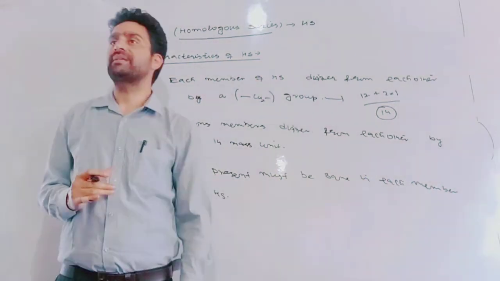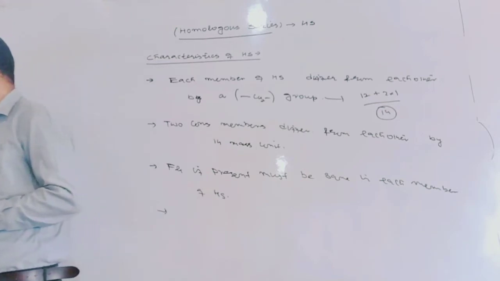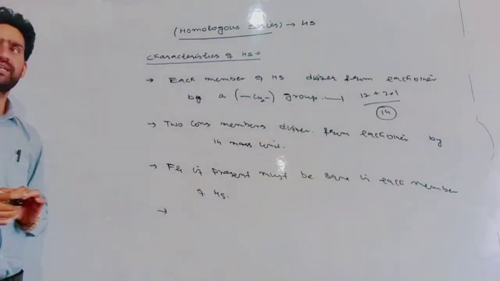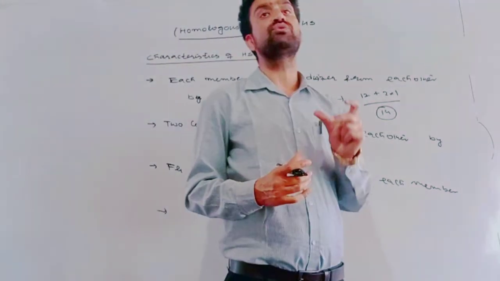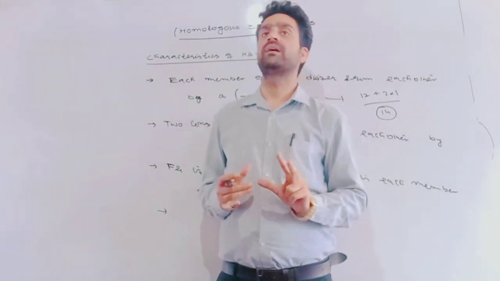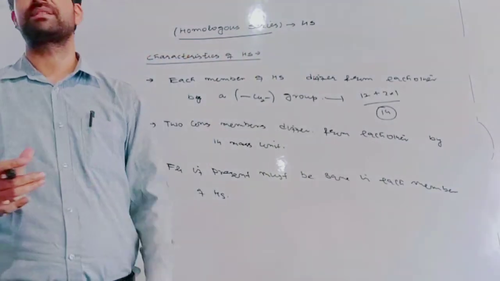What is the next point? जितने भी मेंबर है होमोलॉगस सीरीज में, उनमें जो जनरल मेथड्स ऑफ प्रिपरेशन है वो सेम होते हैं. All the members of homologous series have same general methods of preparation.